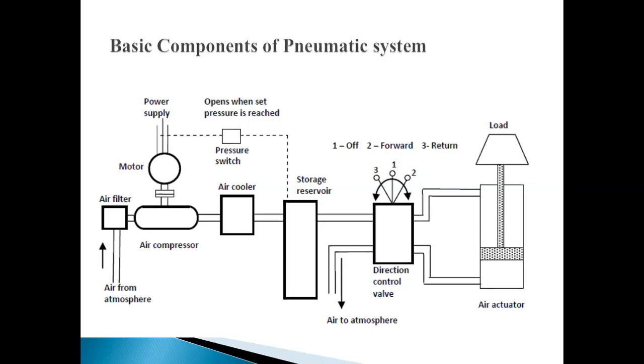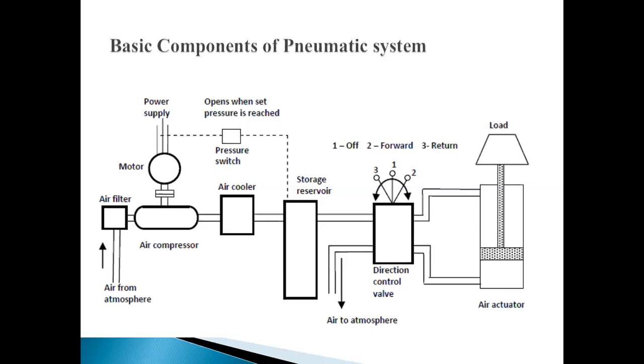You can see in this case there is no reservoir. Every time we are taking air from the atmosphere with the help of an air filter, and the compressed air is stored. You can see the function of various components. There is an air actuator.